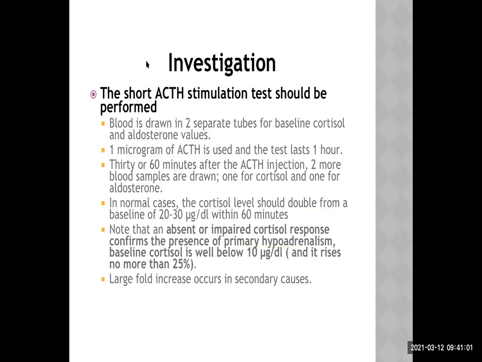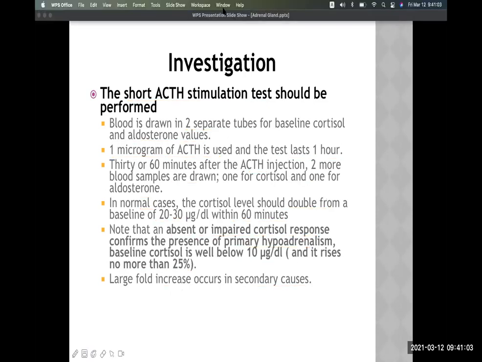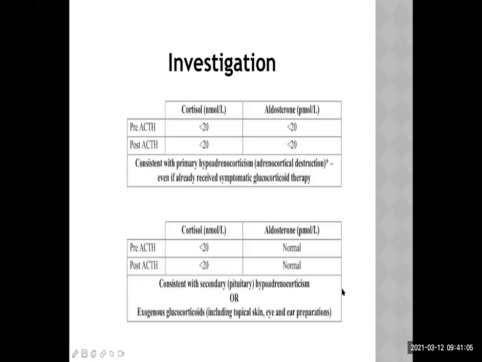Let's move on. Now, this is the slide which is telling you about these conclusions and the interpretation. See this, pre-ACTH cortisol less than 20, post-ACTH cortisol is also less than 20.